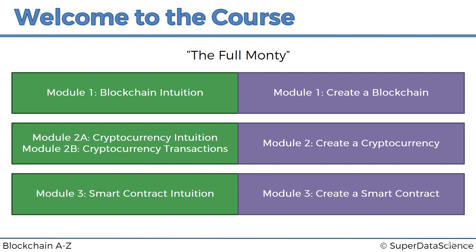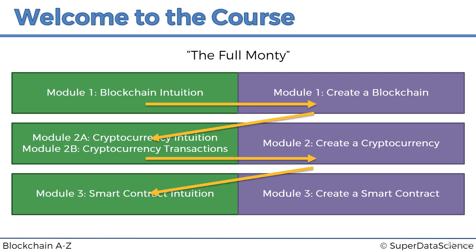And the full Monty would include going through them one by one like this. So Module 1, intuition, then Module 1, practical, Module 2, intuition, Module 2, practical, Module 3, intuition, Module 3, practical. That way you will cover absolutely everything. However, this will take a lot of time, and in this case, you will need to do both the intuition and the coding aspects.